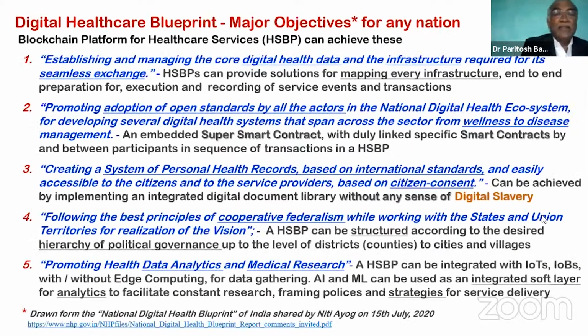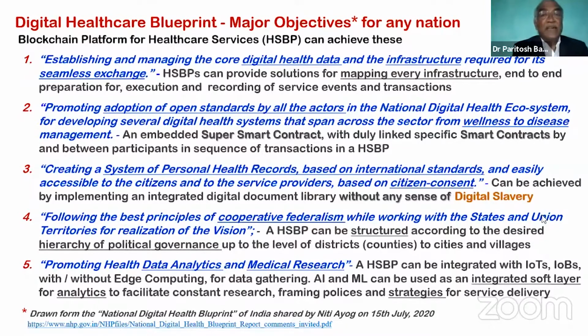I will be placing this paper with guidance from the National Digital Health Blueprint of India, which was circulated by Niti Aayog on 15th of July 2020.